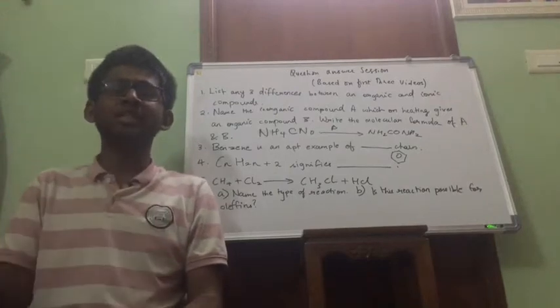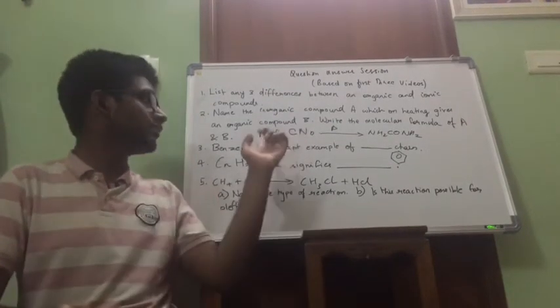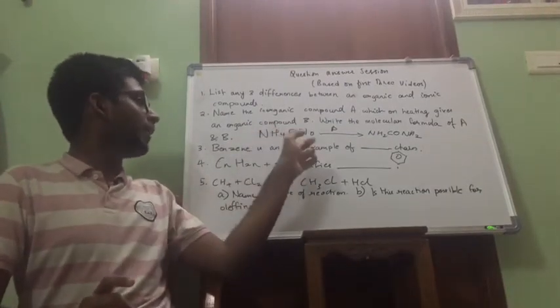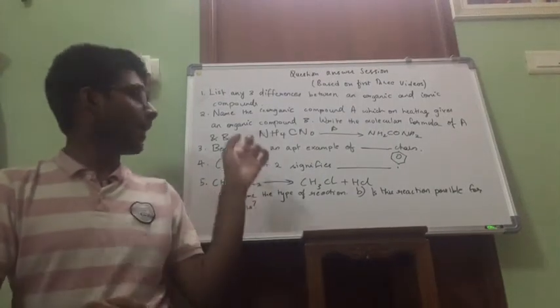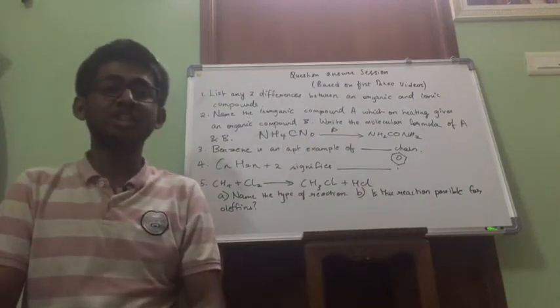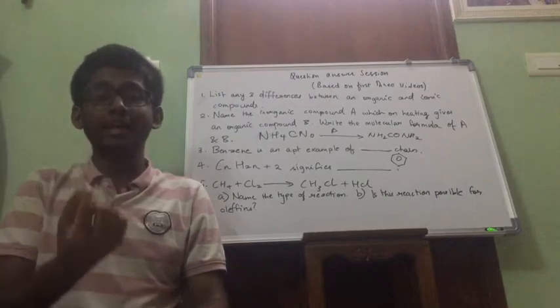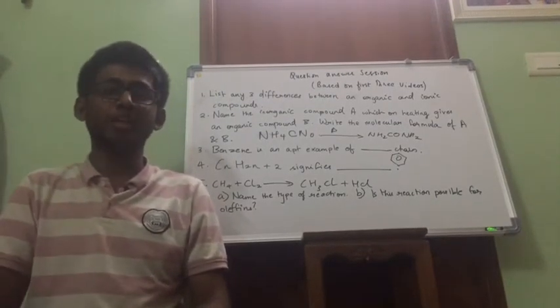Like we have discussed few other derivatives, for example toluene and phenol, they are derivatives of benzene. Even for them, if they ask toluene is an apt example of dash chain, it is always cyclic. While if they ask pentane is an apt example of dash chain, it is straight chain, because they have not made a mention of whether it is cyclopentane or isopentane, which we will be doing in the subsequent videos.